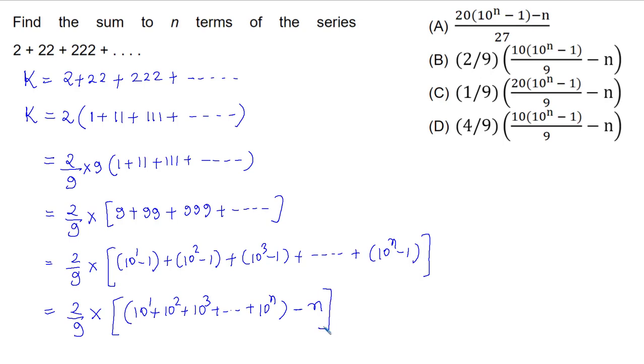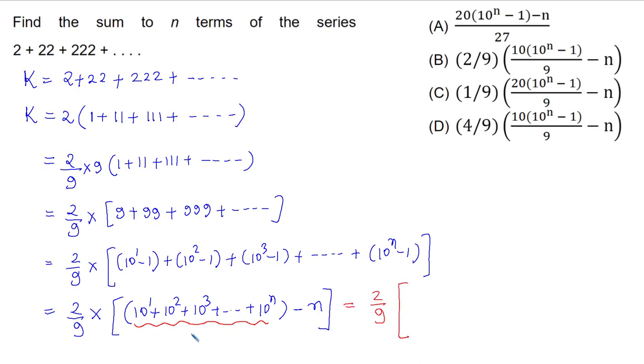So this is our answer, but we need to convert it into the format in which the options are given. Now we can see that this bracket is nothing but a geometric progression. So this is equal to 2 by 9 in a bracket.